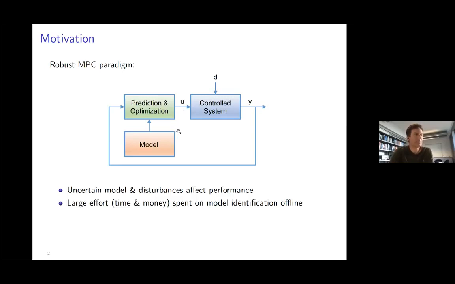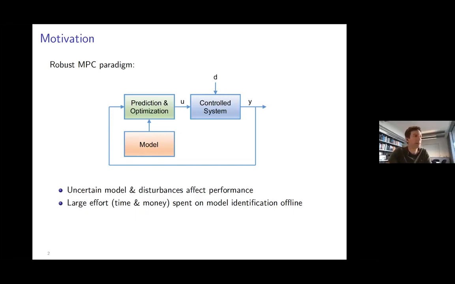This process is repeated periodically, and it's updated based on the most recent information on the system states in order to obtain a closed loop, a feedback law that's actually applied to the real system. So the process obviously involves a model of the system, and uncertainty in the model and uncertain disturbances affecting the system have a big effect on the performance of the controller.